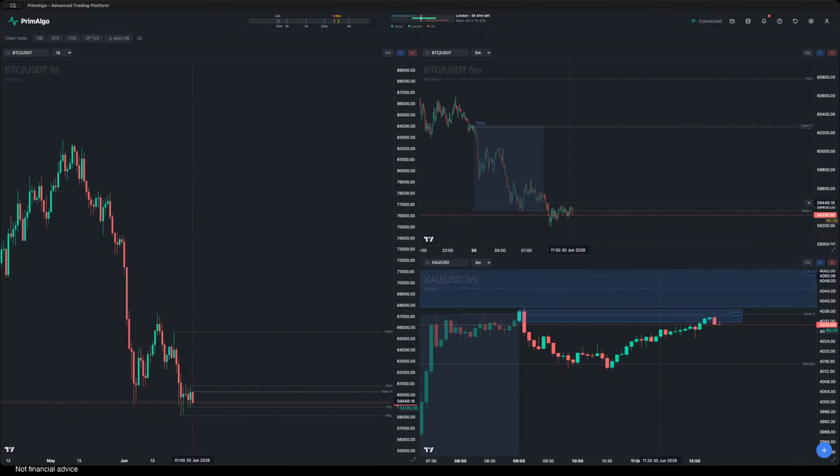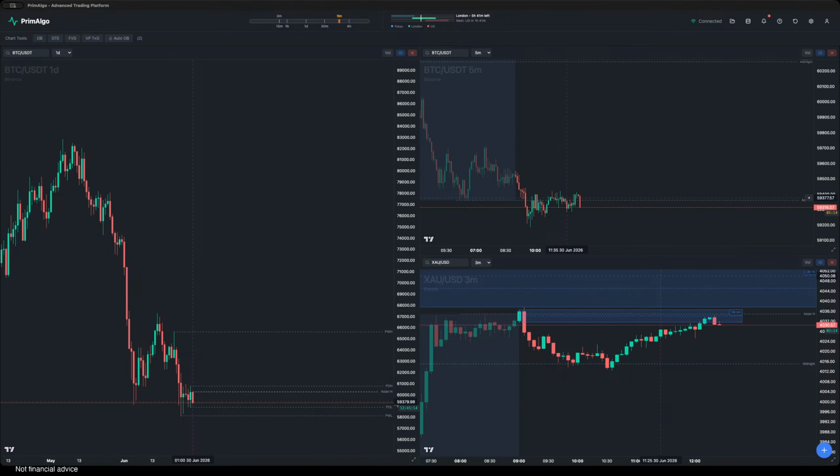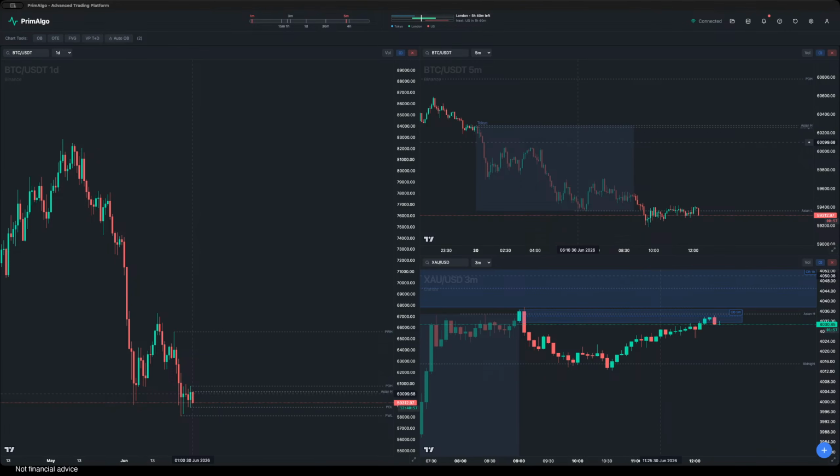For this scenario to activate, it means that we would need to close above that level, right? And confirming above this one. Then we would reach these levels, potentially sweep that actually to eventually go to Asian high, right? So that's one scenario, but for now, not activated.